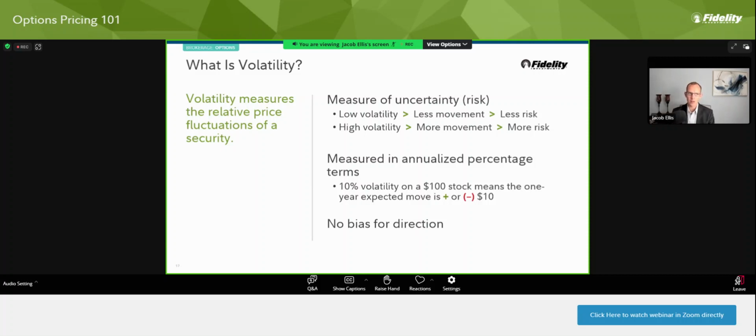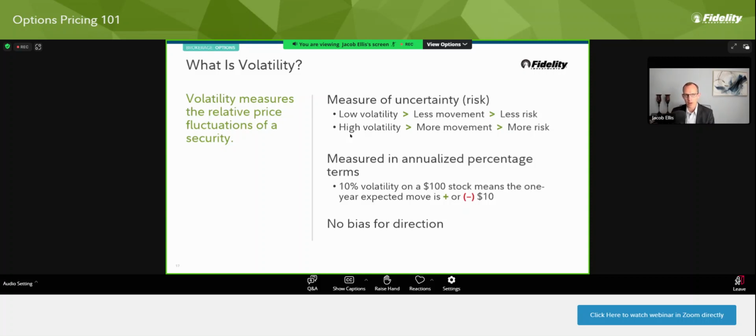If that's the case, how do those changes play out? Just like we saw on previous slides, low volatility means less expectation for movement, less perceived risk. It's all kind of moving in tandem, and as a result, you would also expect to see smaller overall prices for the options contract.